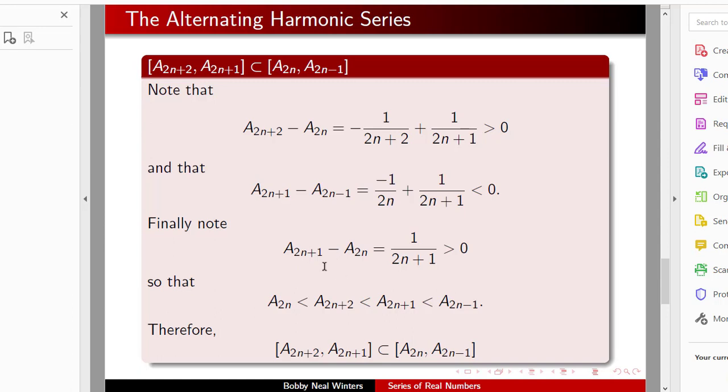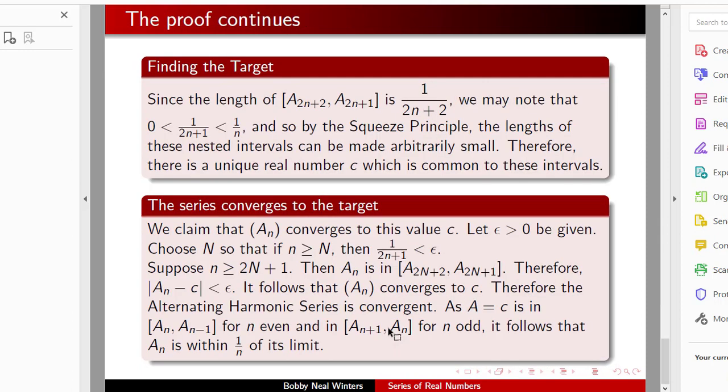And so we note that A_{2n-1} minus A_{2n} is equal to 1 over 2n, and that's positive. Combining all these, we get that A_{2n} is less than A_{2n+2}, which is less than A_{2n+1}, which is less than A_{2n-1}. And so we do have this nesting of our intervals.